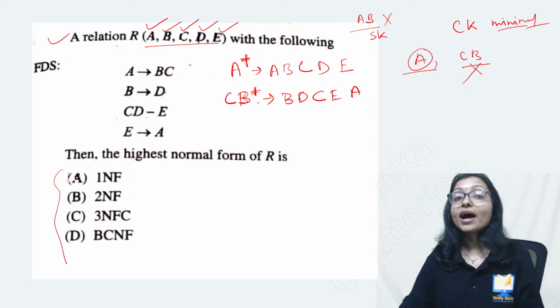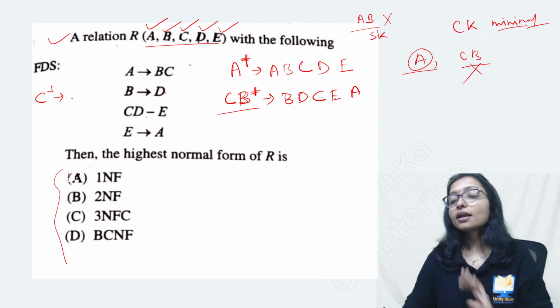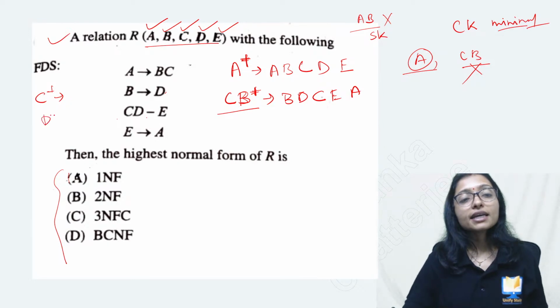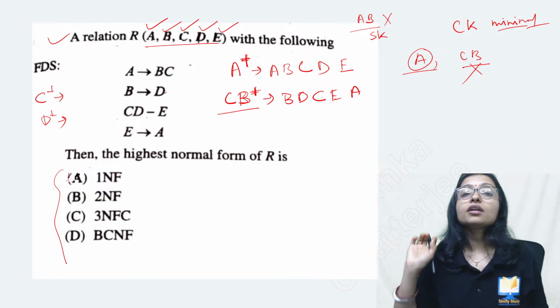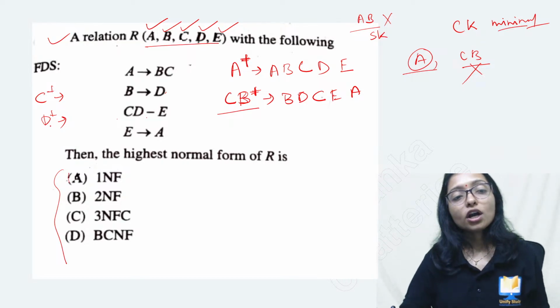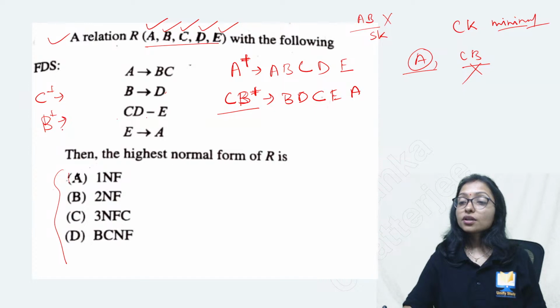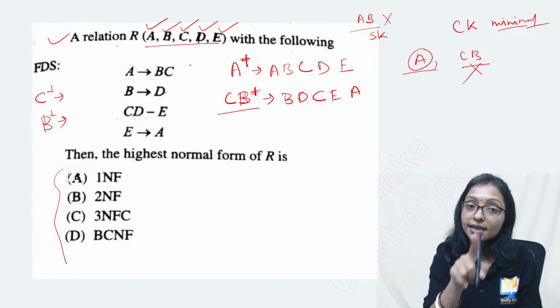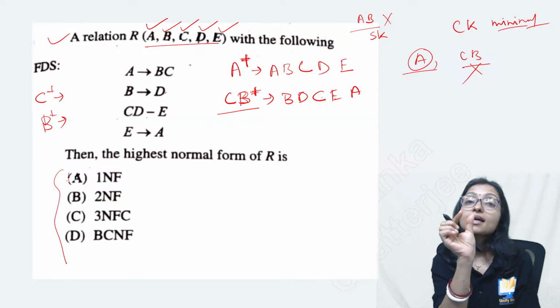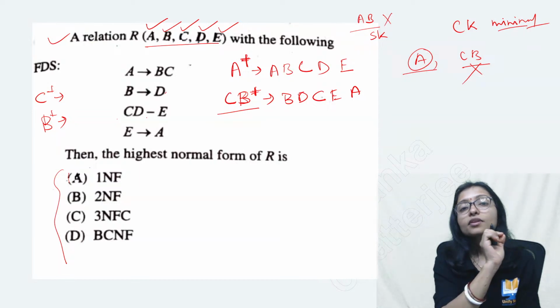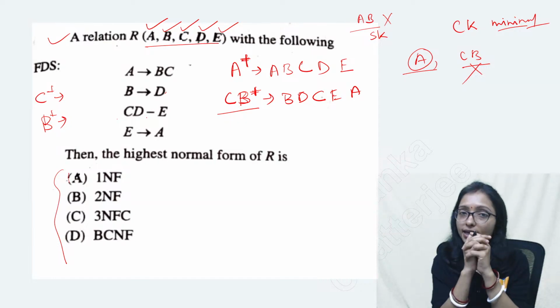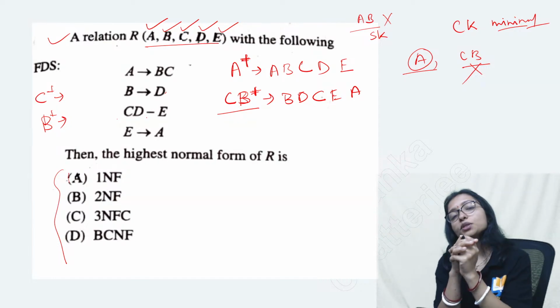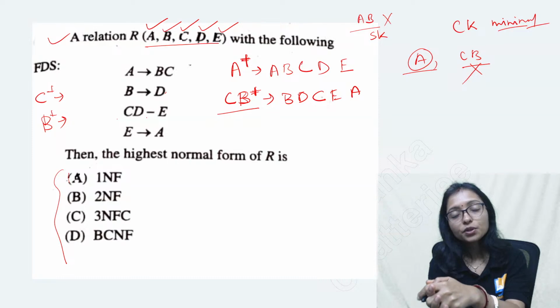But then why is CB a candidate key? Because if I take C alone, C cannot determine all. If I take D alone, D cannot determine all. If I take B alone, B also cannot determine all. That's why CB together makes a minimal set which is able to determine all other attributes.